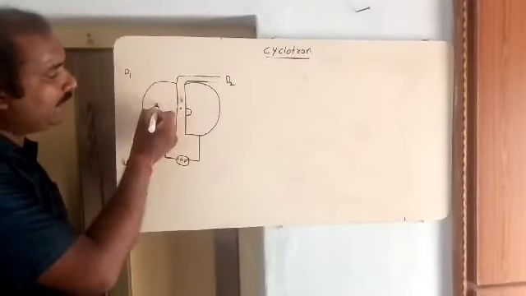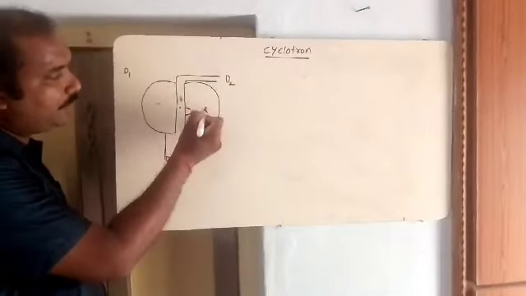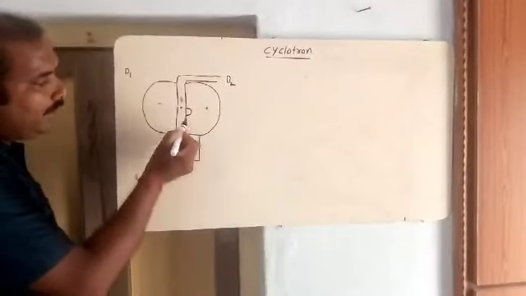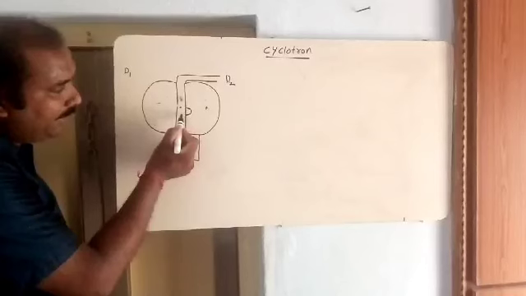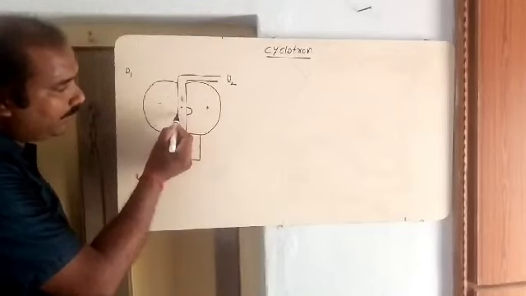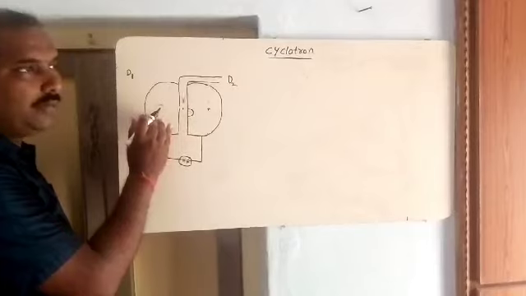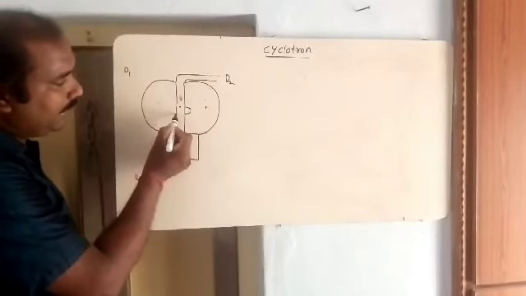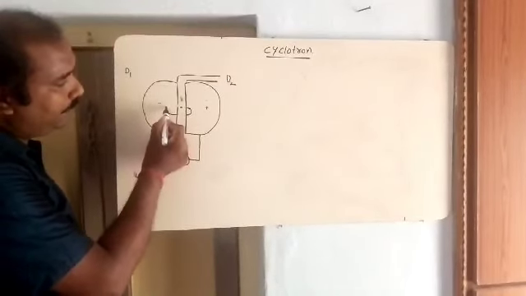Now this time this becomes negative and this becomes positive. Then once the particle enters between these two D's, what is happening? Again it enters into D1 because of the negative potential and takes a circular path.